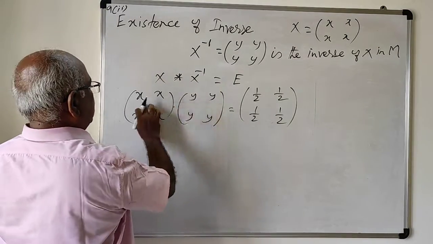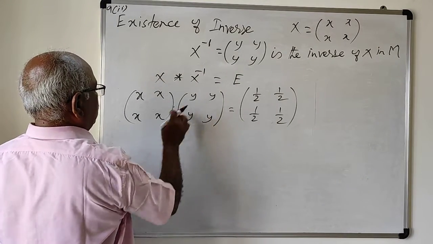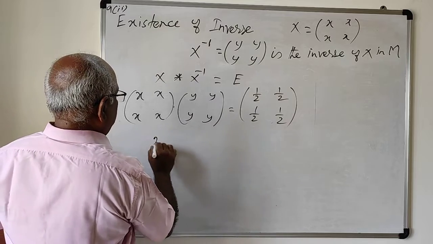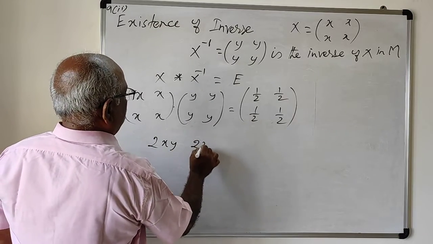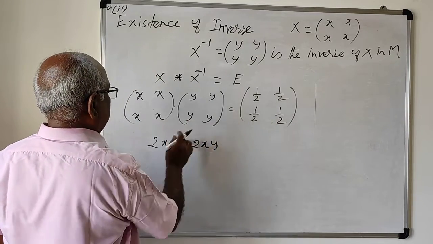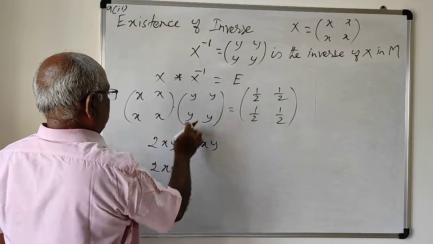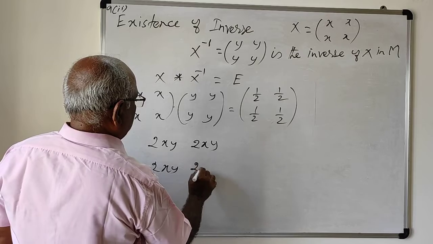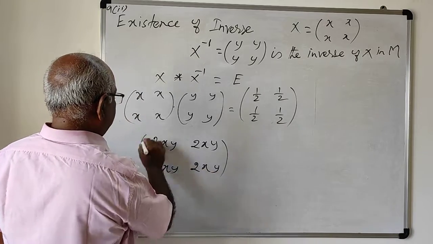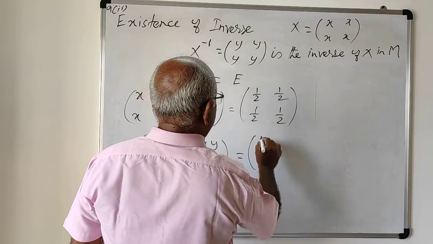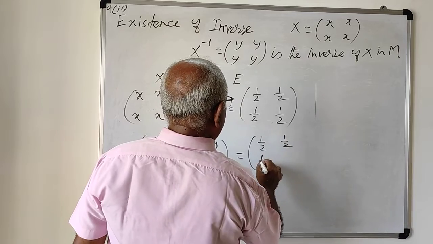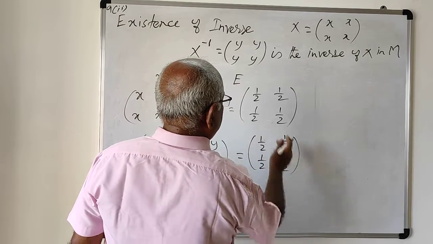By the usual multiplication, each entry comes out as 2xy: first row first column, first row second column, second row first column, second row second column. It equals the matrix with entries 1 by 2, because this is the identity.